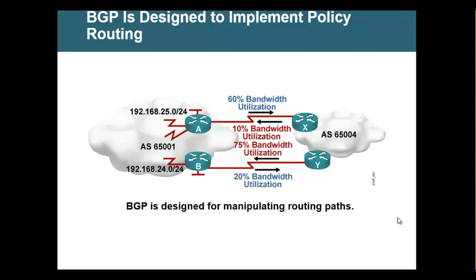Likewise, below between Y and B it's 75%, and between B and Y it is 20%. So this is one example for policy-based routing.